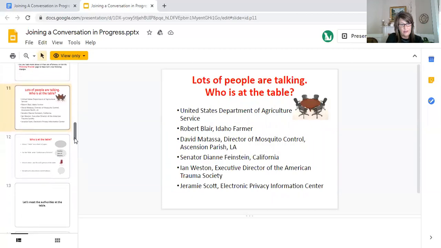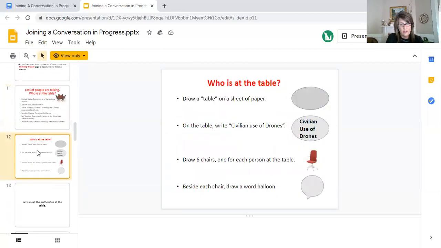And so as we begin to learn, we want to now, in your notebook, right under where you wrote what you were thinking, draw your Atwoodian table. And so that's a circle, and you write civilian use of drones, or if you want to go quickly, you can just write drones. And then you want to put a chair, so it begins to look like this.